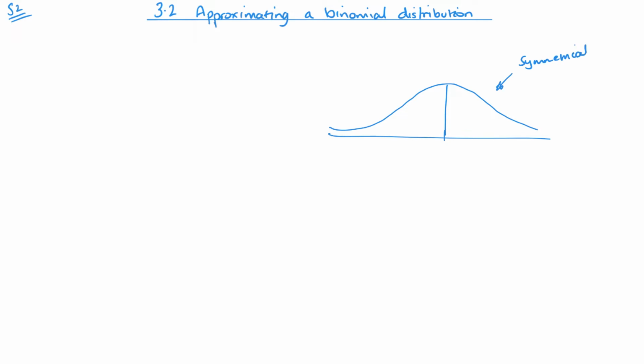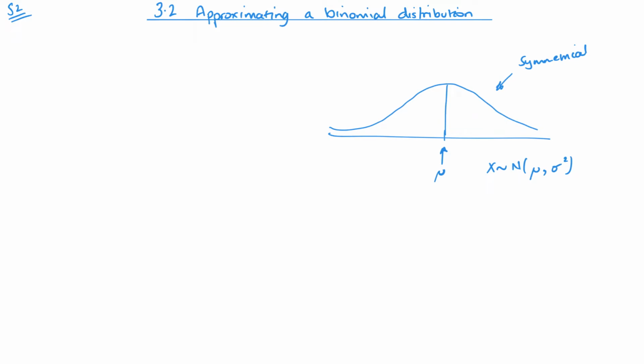Both sides, there's symmetry about that middle. And on a perfect one, that middle would essentially be the mean, wouldn't it? That mean value. And our normal is defined by its mean and its variance. And that is obviously quite important.